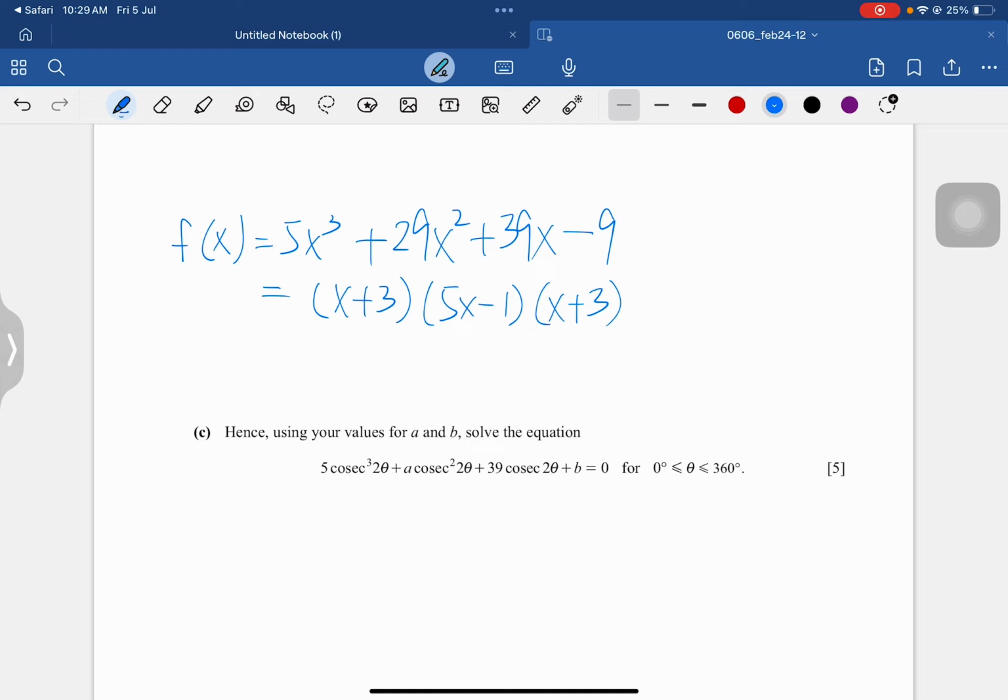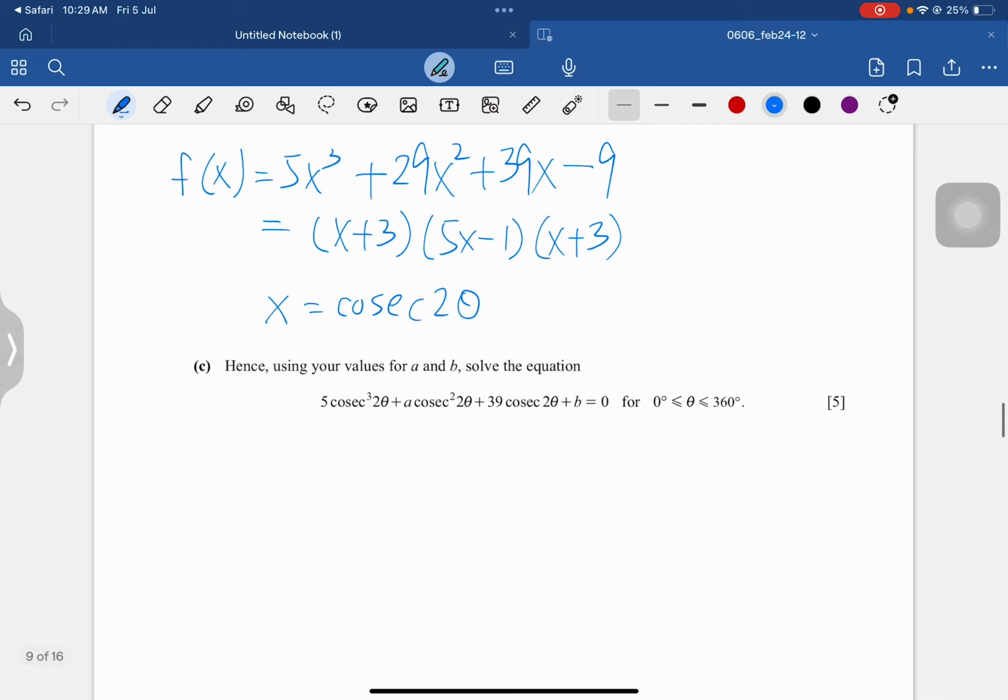So meaning you should understand your x is cosecant 2 theta. Okay, we should use the one at the bottom there. So from here, cosecant 2 theta is equals to minus 3, and cosecant 2 theta equals to 1 over 5.